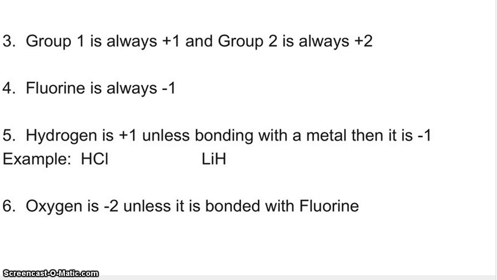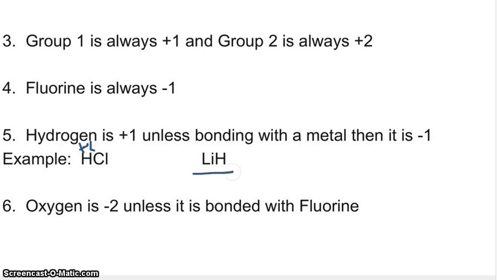Number 5, hydrogen is +1 unless it's bonded with a metal, then it's -1. We typically don't see this, but if it were to come up, it's -1 when it's with a metal. Almost always we're going to see hydrogen in front of other elements or with carbon, and in that case it's always going to have that +1 oxidation state.